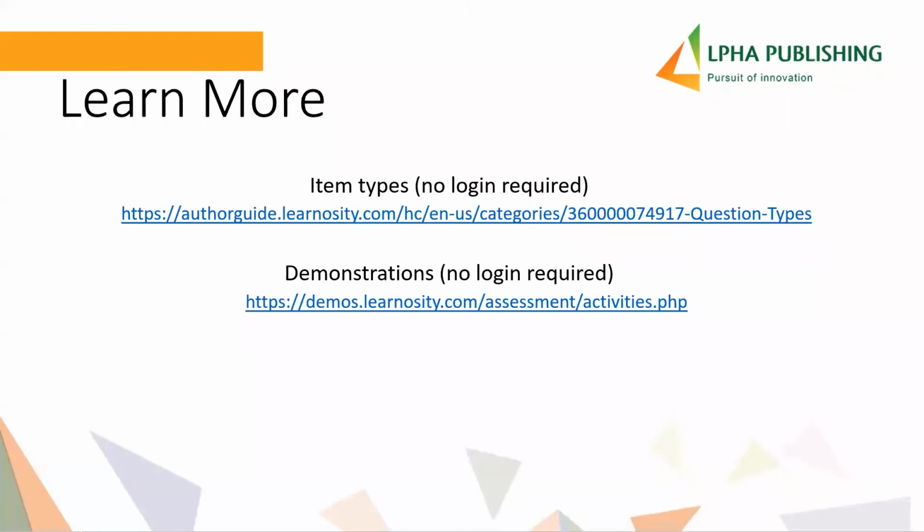Also, if you're planning on writing your own assessments at some point in the future, when we roll out our next phase of authoring, teacher authoring, you might want to be familiar with all the different item types that you could write for your own students. They also have a demonstration there, no login required, for Learnosity. So there are a couple of the extra resources for you.